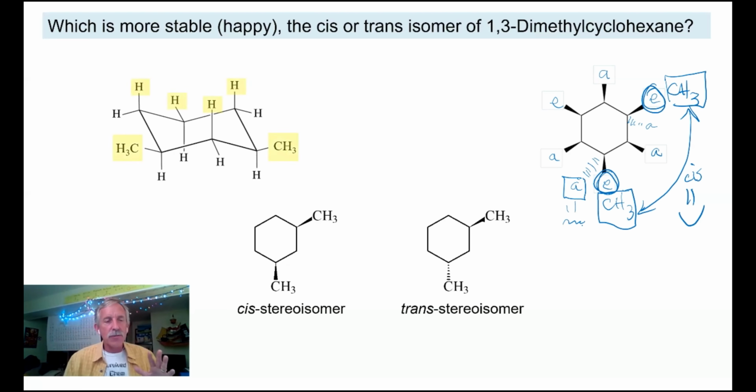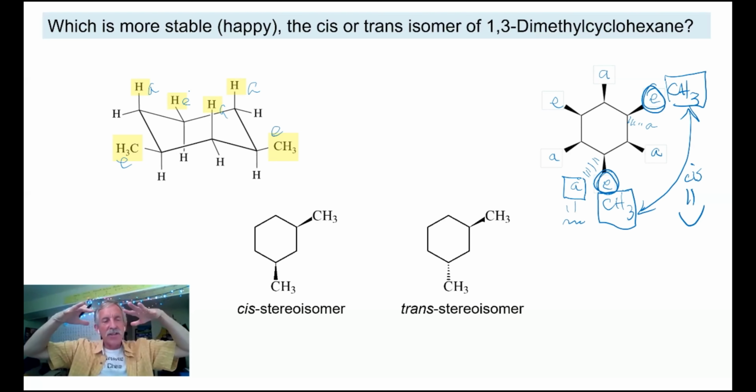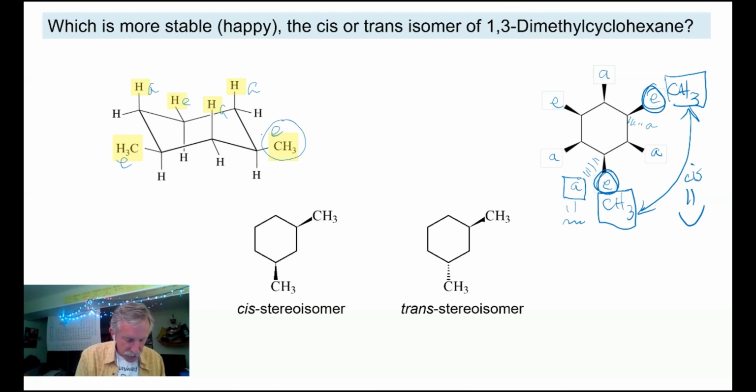Every single group on the top above alternates between axial, equatorial, axial, equatorial, axial, equatorial. And therefore, every wedge coming above the chair alternates, and if you have a choice, put your methyls equatorial.